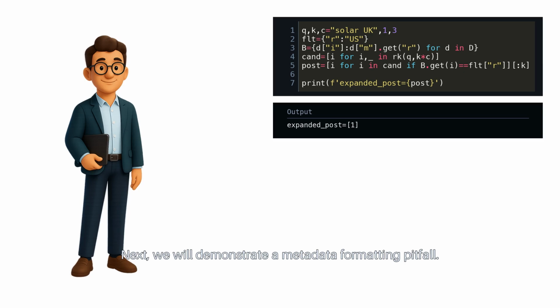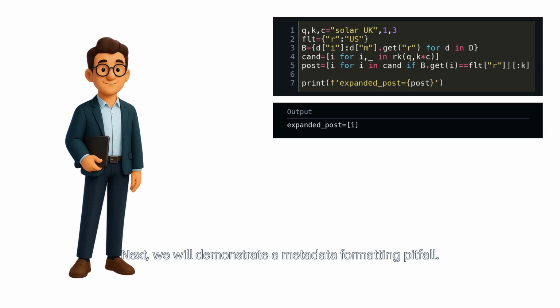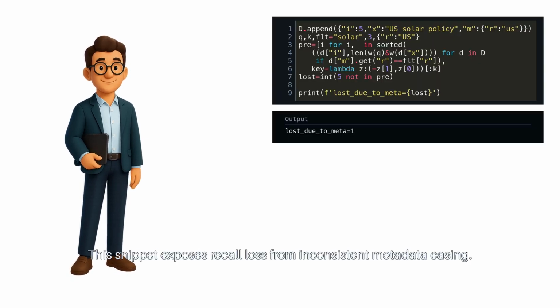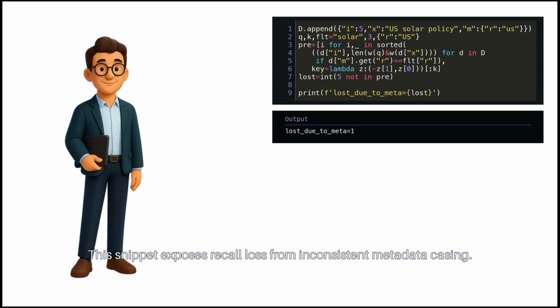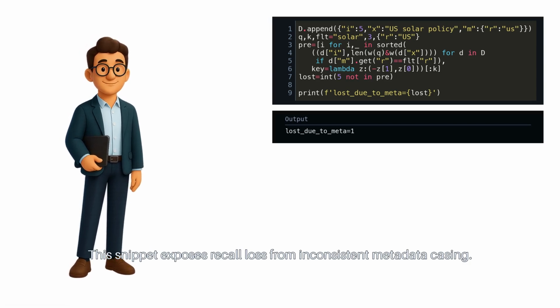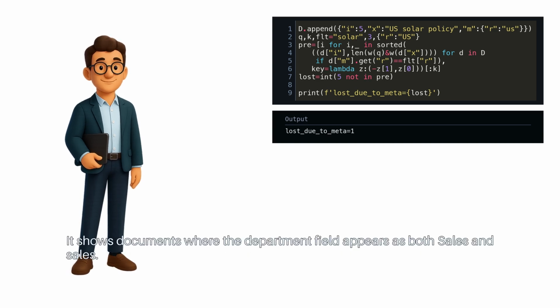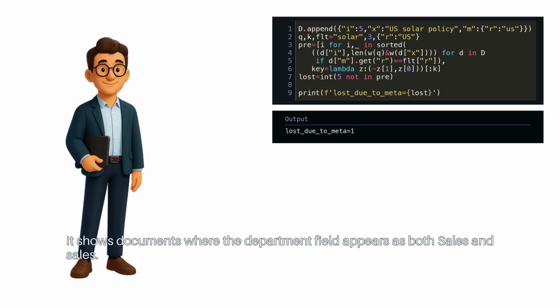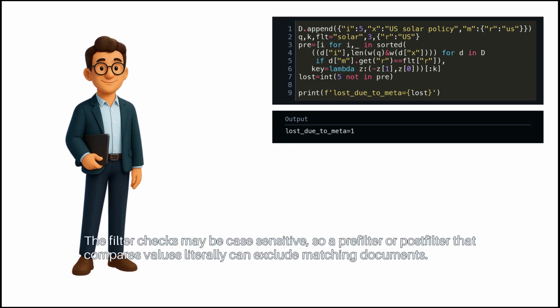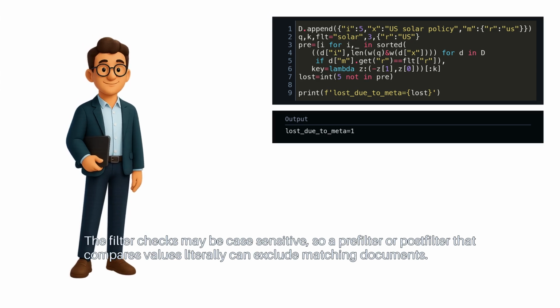Next, we will demonstrate a metadata formatting pitfall. This snippet exposes recall loss from inconsistent metadata casing. It shows documents where the department field appears as both Sales and sales. The filter checks may be case sensitive, so a pre-filter or post-filter that compares values literally can exclude matching documents.